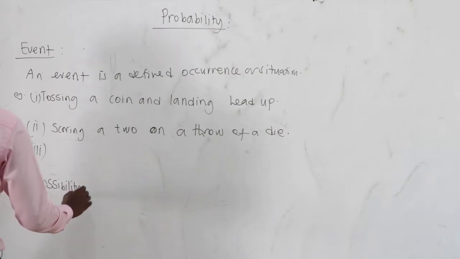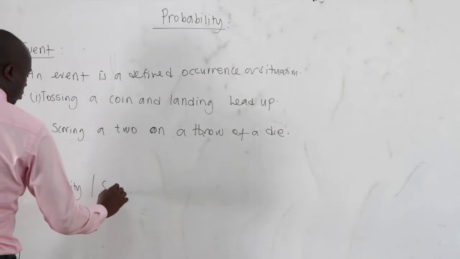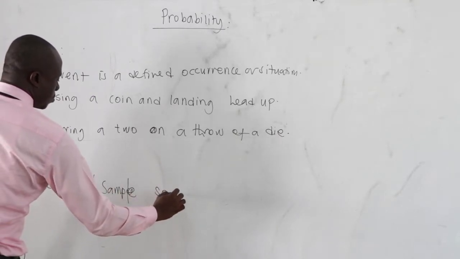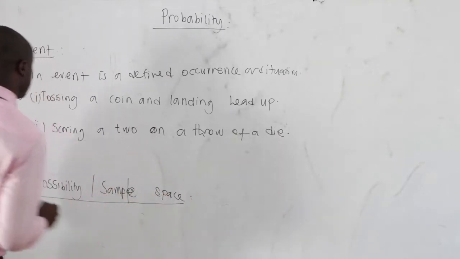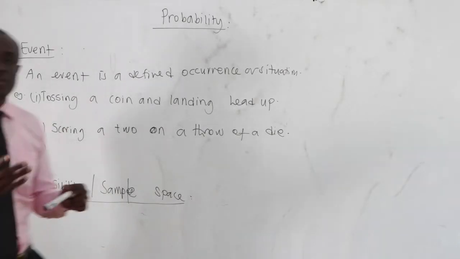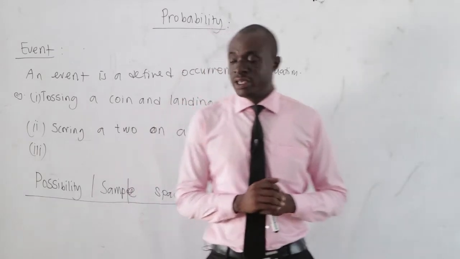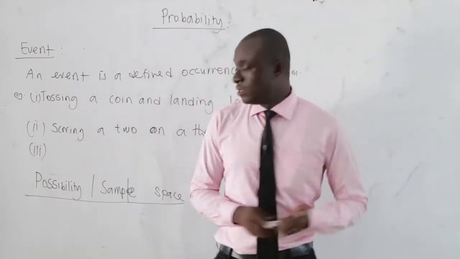Possibility or sample space. So we said an event is a defined occurrence or situation. We've given an example of an event. Now the next one is possibility space.